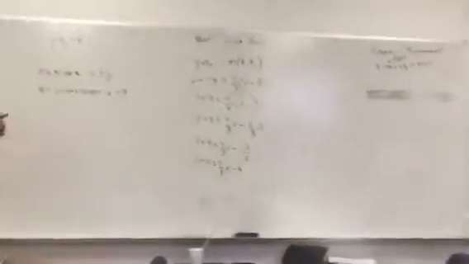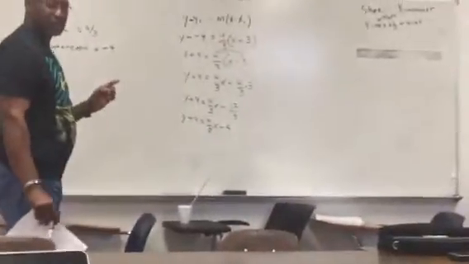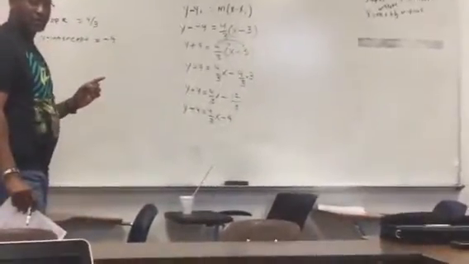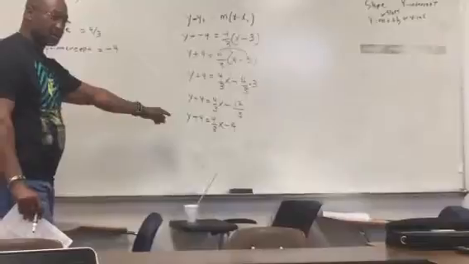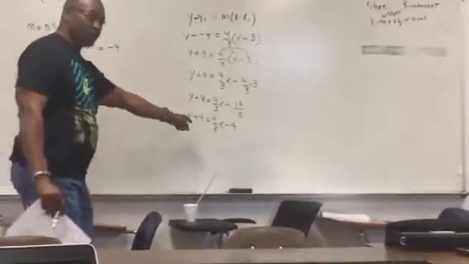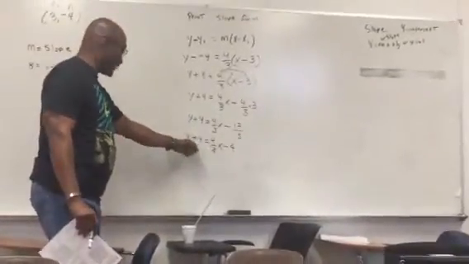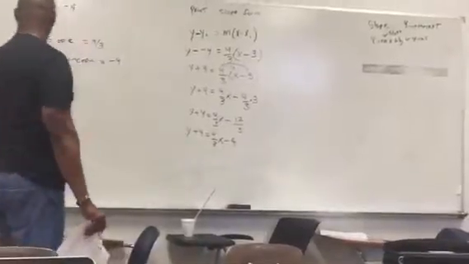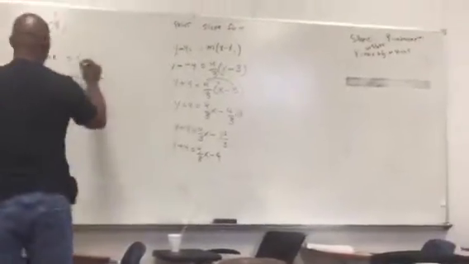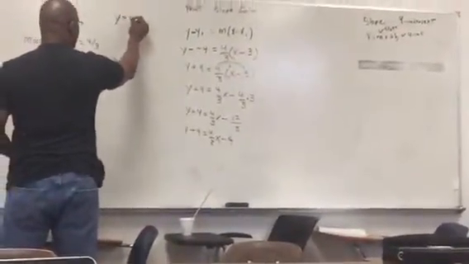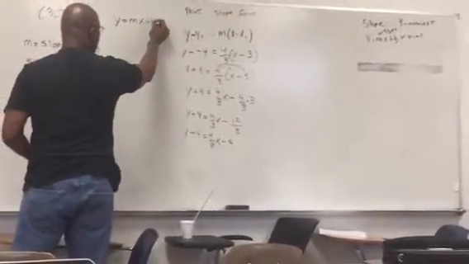I have one problem. You have two 4s in there. Anybody know what my problem is? You have this 4 right here. I can't have that, you see, I have to have y equals mx plus b.